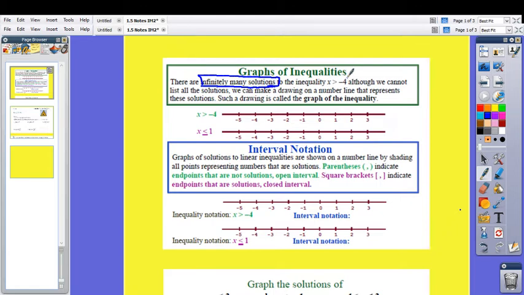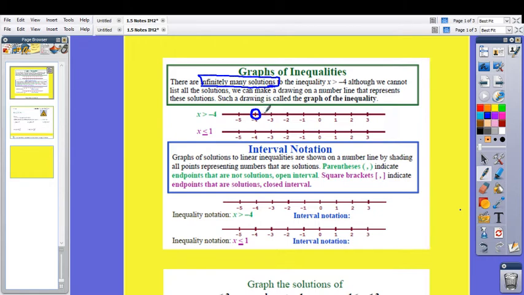So for example, if we say x is greater than -4, then any solution that is more than -4 will be the solution for x. So if this is -4, now it says greater than -4, that means -4 is not the solution, okay?